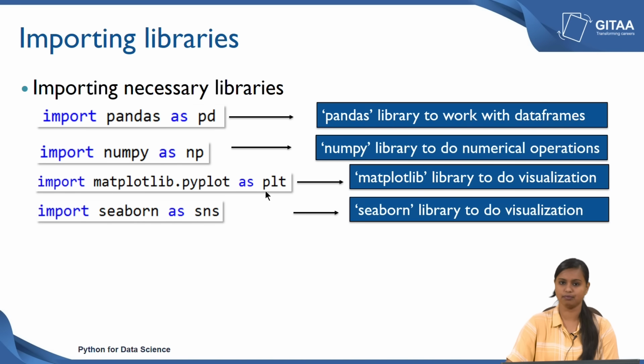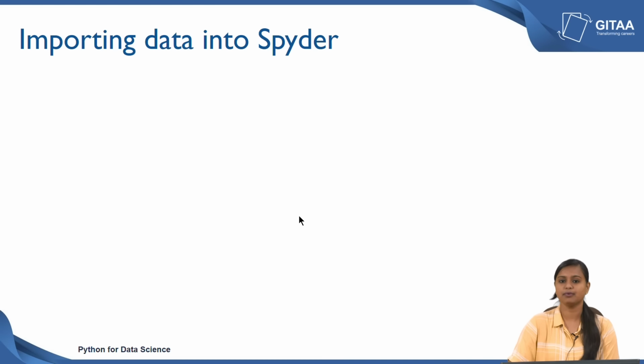In that case, we would be needing that library. So, let us import Matplotlib as well. Followed by that, we can import the Seaborn library as sns. Here, sns will be the alias for the Seaborn library, and Matplotlib and Seaborn will be used for data visualization. So, now we have imported the necessary libraries into Spyder.